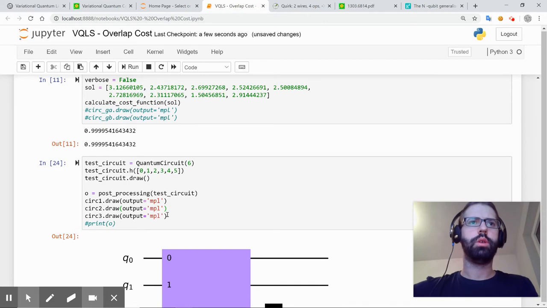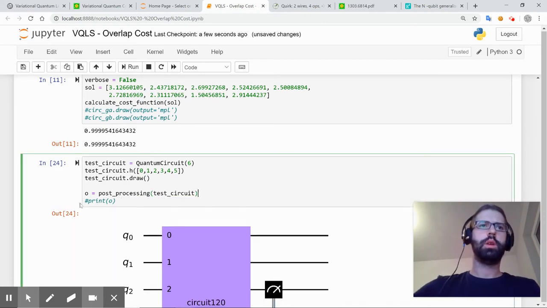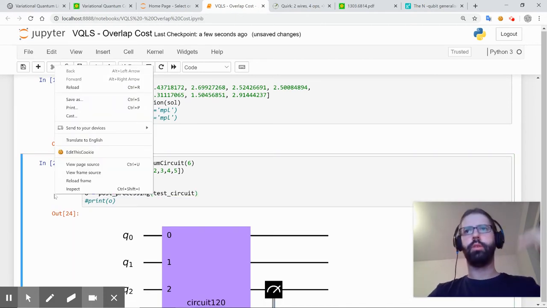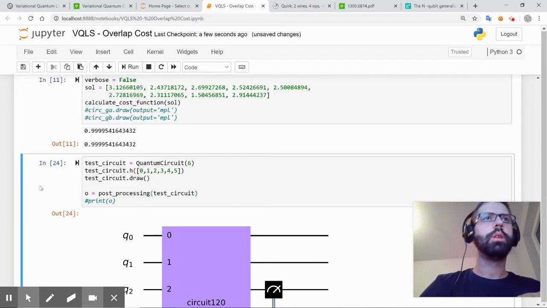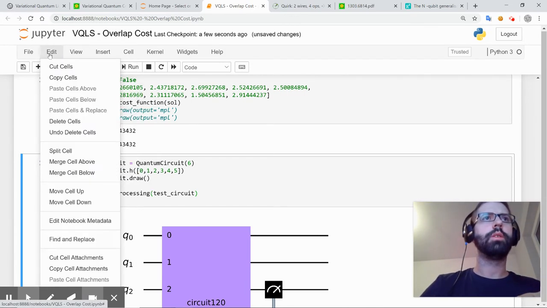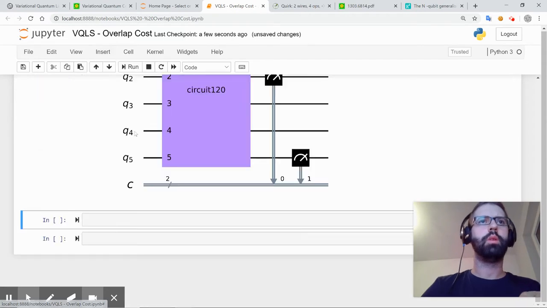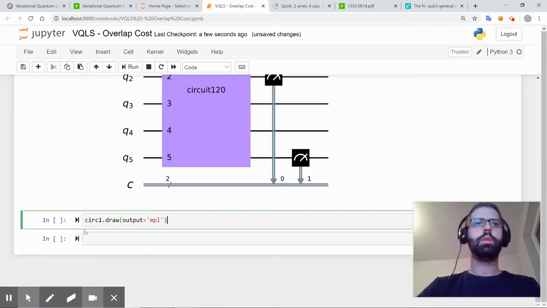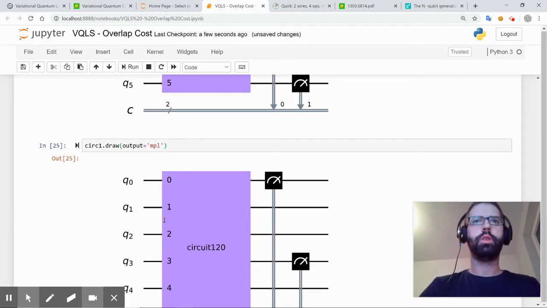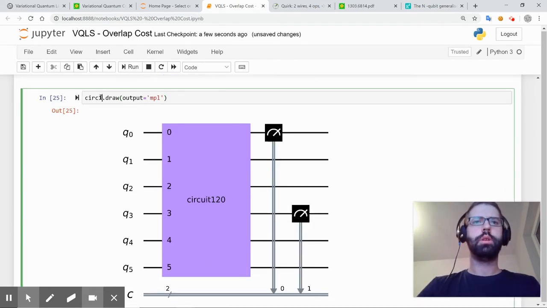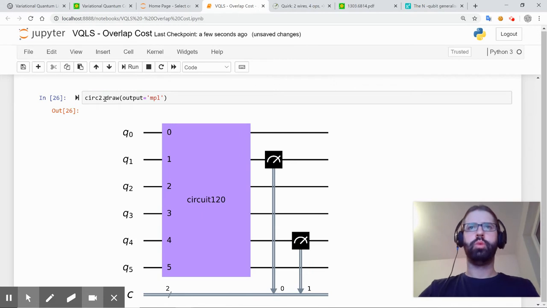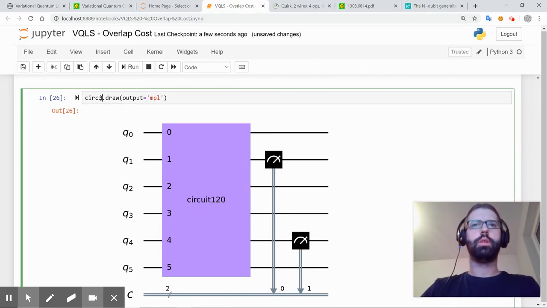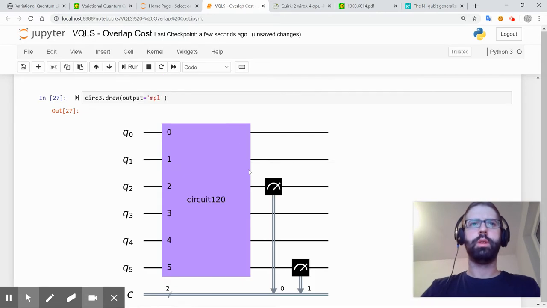So I should draw on a separate cell because that's kind of overriding the other ones. Insert cell below. Circuit 1, circuit 2, and circuit 3. That makes sense.